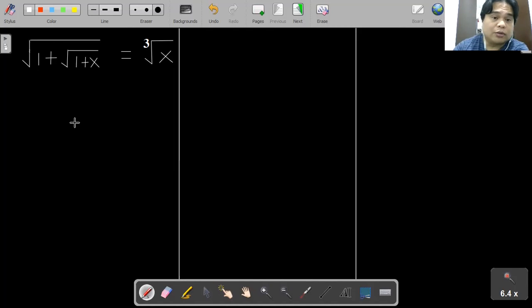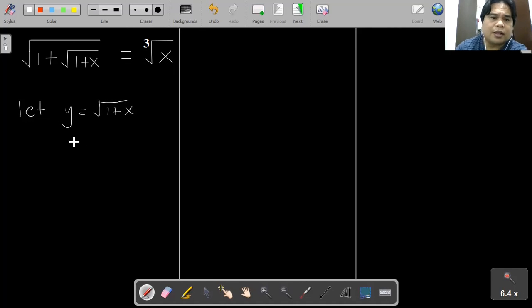Okay, so let's start. The first thing I will do here is make it a lot easier. The way it looks, it's a bit complex, right? So I'm going to make it easier. Instead of the square root of 1 plus x, I'll express it as another variable. Let y be equal to the square root of 1 plus x.